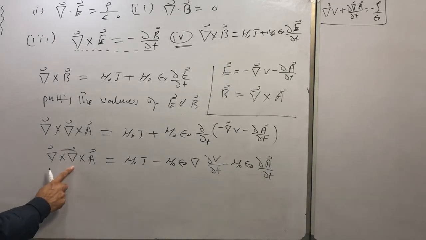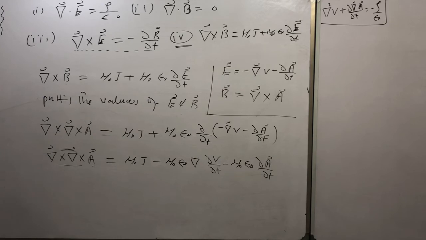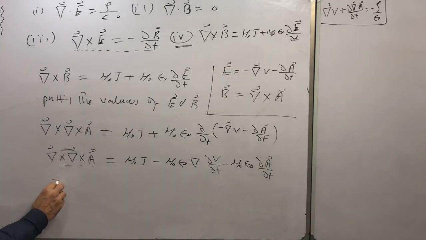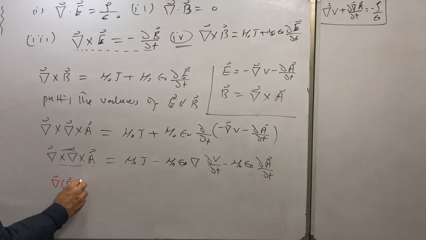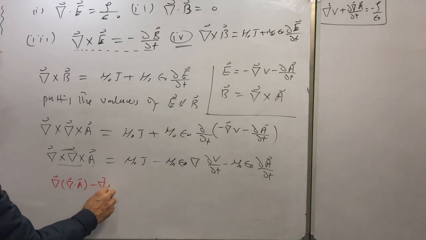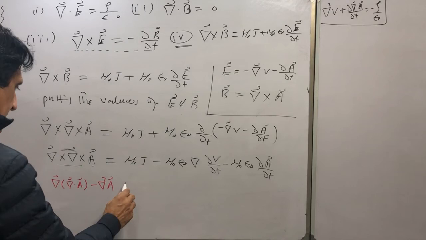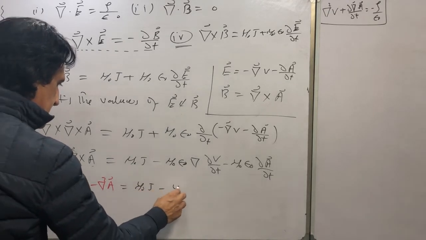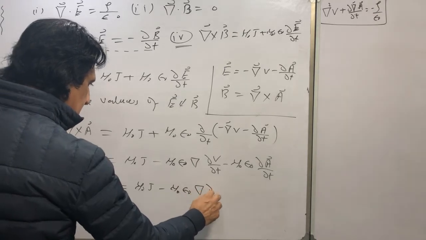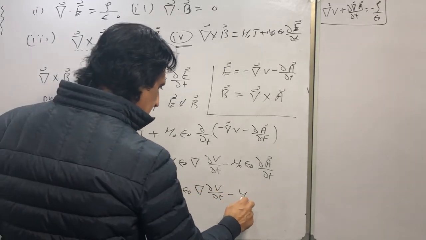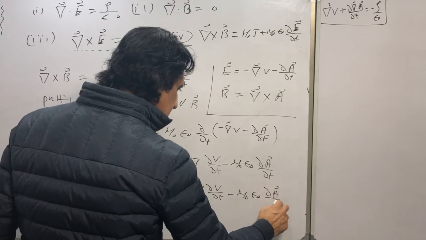On the left hand side, we have an identity. We can use the identity to solve this term. Previously we have discussed this identity: del cross del cross A is equal to del of divergence of A minus del square A. So this is the identity that I have used. And further, the same things we can write: mu naught epsilon naught del partial V divided by partial t, minus mu naught epsilon naught partial A divided by partial t.